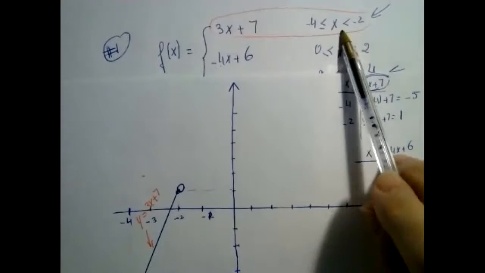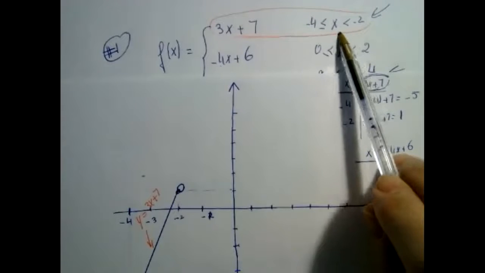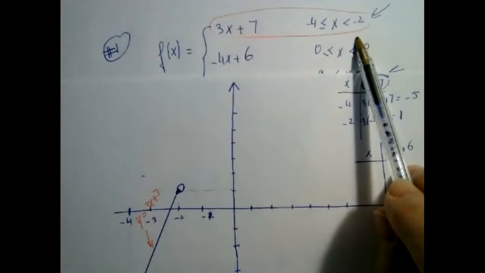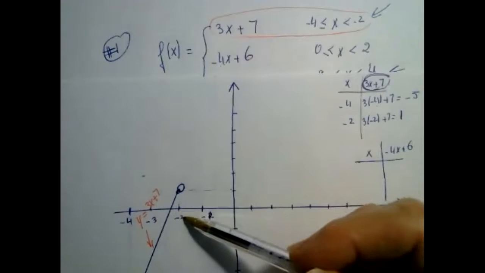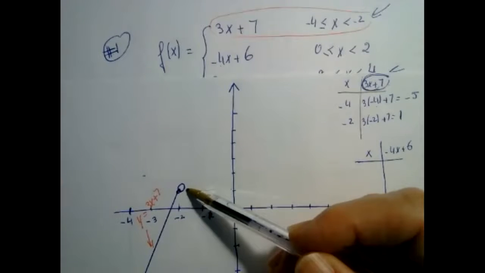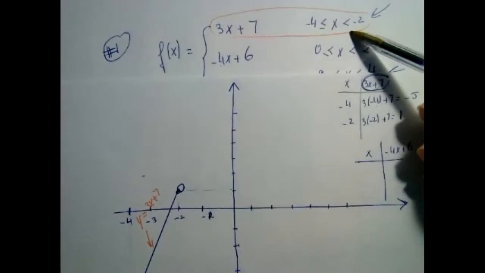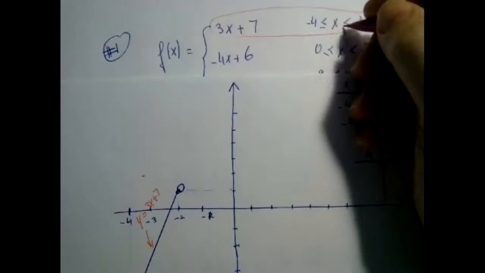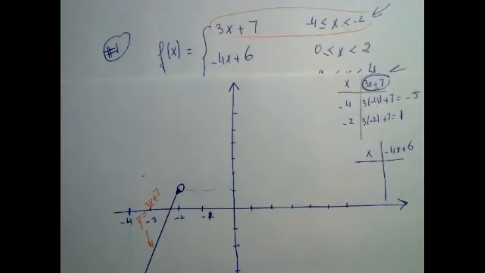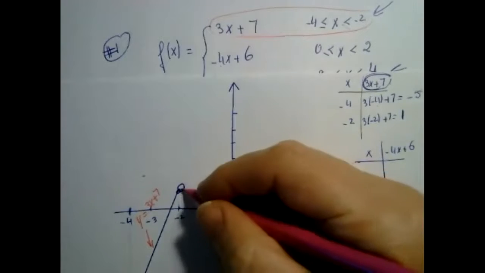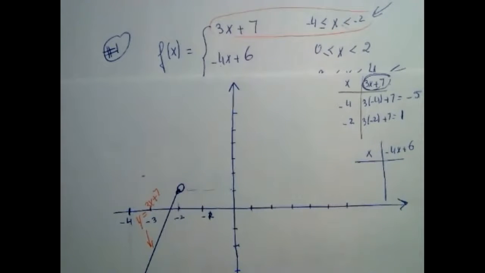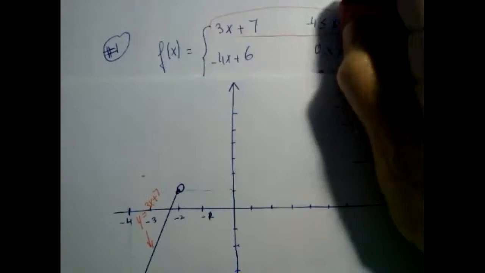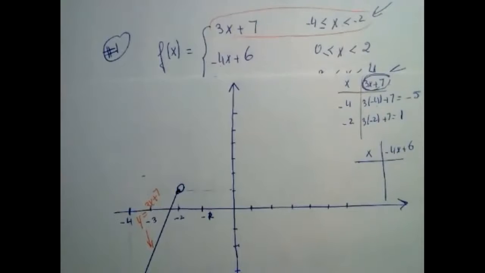Since it's strictly less than -2, the output at -2 is not obtained here. If I had less or equal right there, then I would close my circle. Did I answer the question for the student? Yes. Okay, very good.